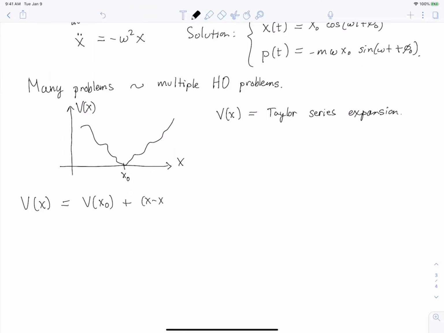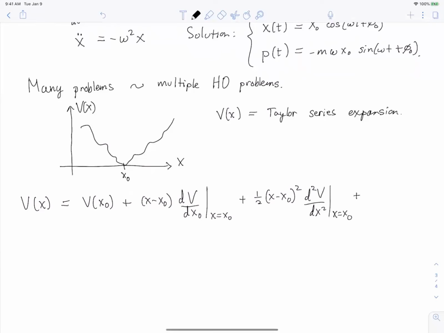Okay, first there's the constant term, then there's the term that involves the first derivative of the potential, evaluated at x equals x0, times a linear term. Then the second term is 1/2 (x minus x0) squared, times the second derivative of the potential, evaluated at x equals x0.